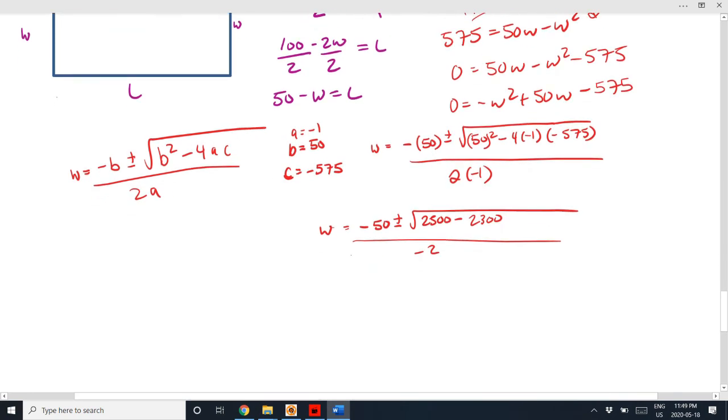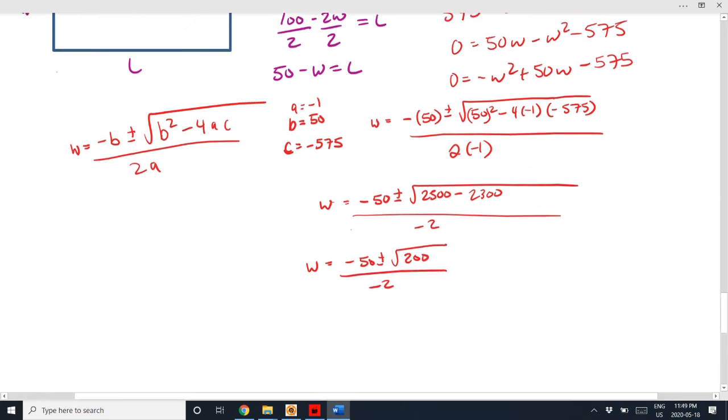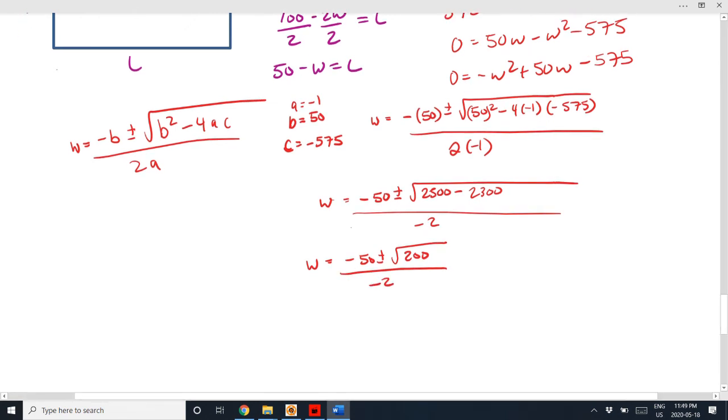And we can simplify what 2500 minus 2300 is, and that's just going to be 200. So our width is equal to negative 50 plus or minus the square root of 200 all over negative 2. And from this point, we can split it off into our plus and negative square roots. So let's go ahead and do that. I'll do it over here.